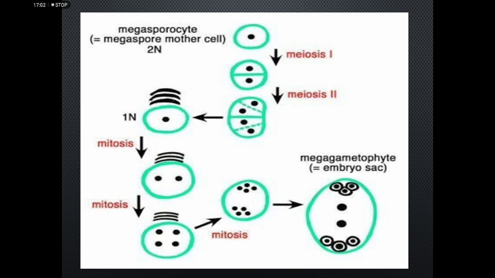These eight cells are arranged in a special manner in the embryo sac: three at the top, that means the chalazal end, three at the bottom, the micropylar end, and two join together and stay at the center. Each has a special name, discussed in the next slide.